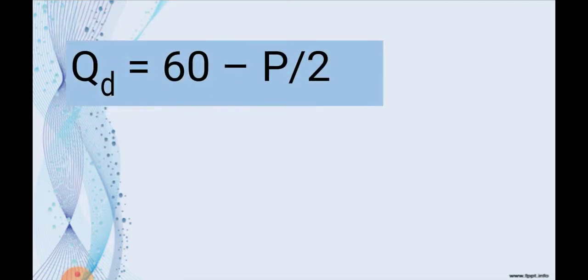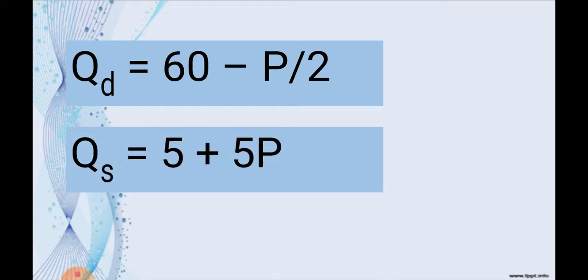Okay, Q sub D is equal to 60 minus the price over 2, and Q sub S is equal to 5 plus 5 times the price. Remember this formula, or these functions, because you will use them in determining market equilibrium.